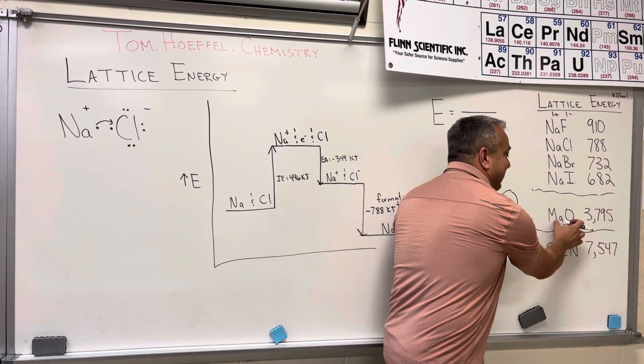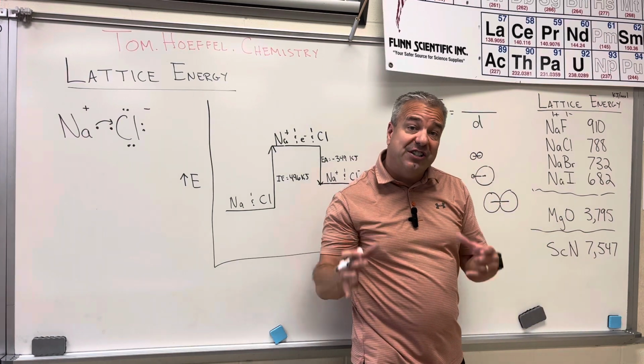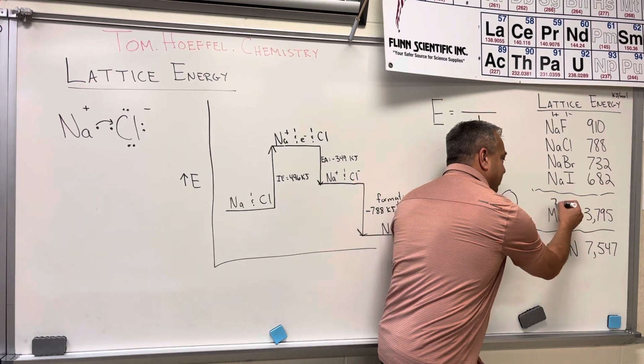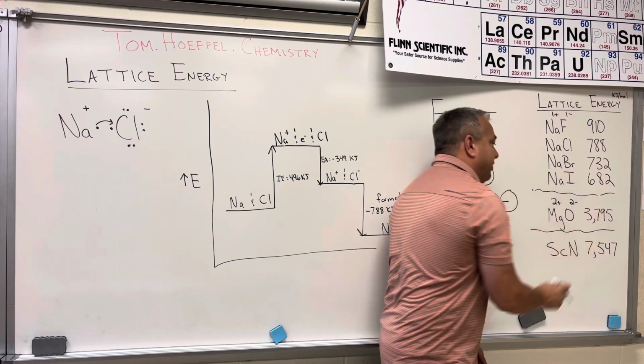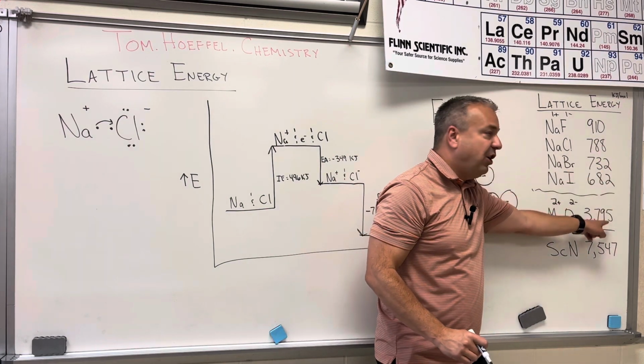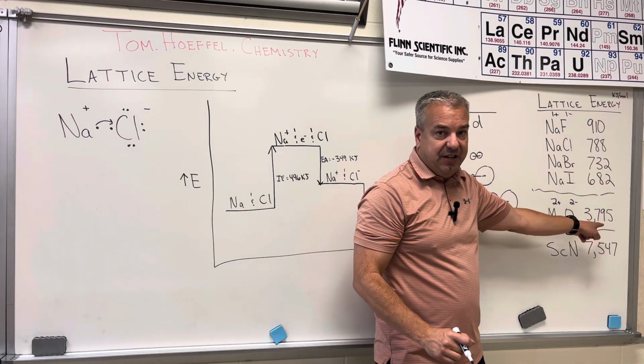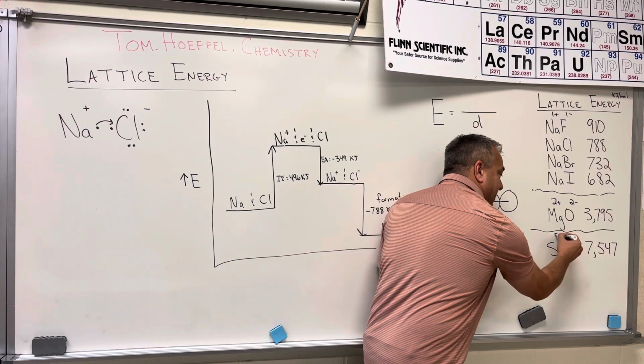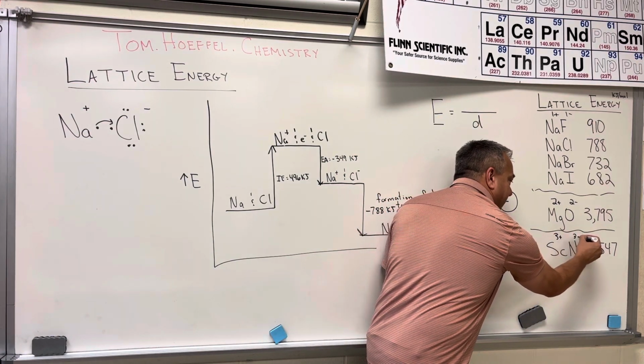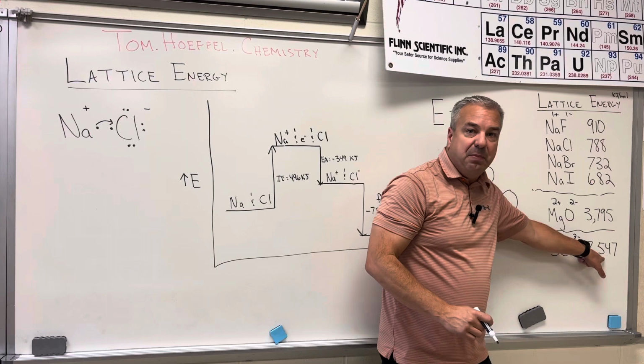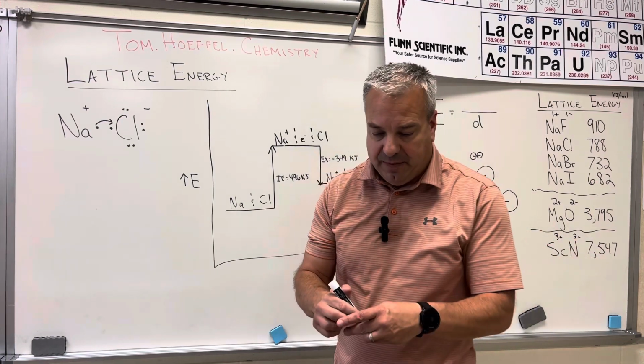When we get to magnesium oxide, though, the charges change. They change to +2 and -2, and you get this big jump in lattice energy. And then down here, it's a +3 and -3, and once again you get this big jump in lattice energy.